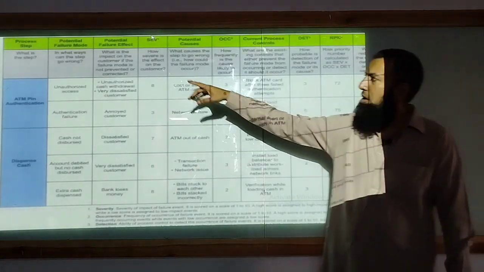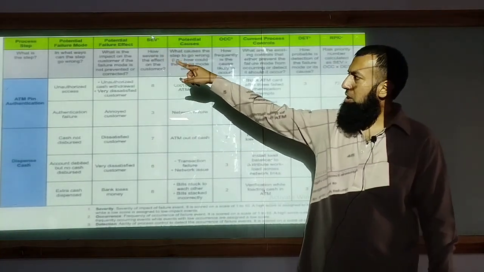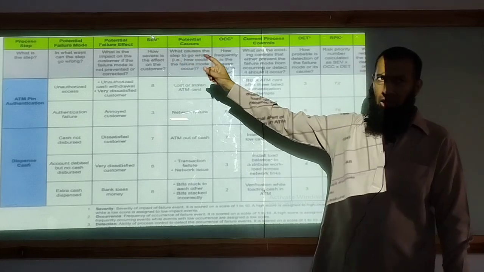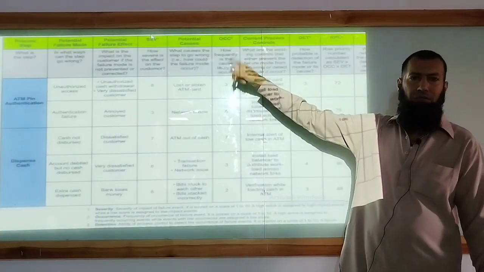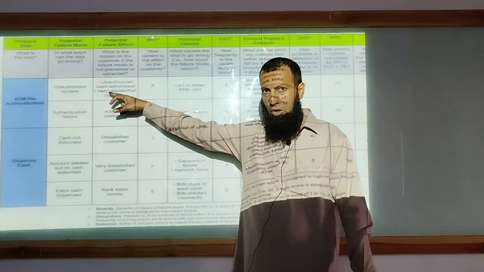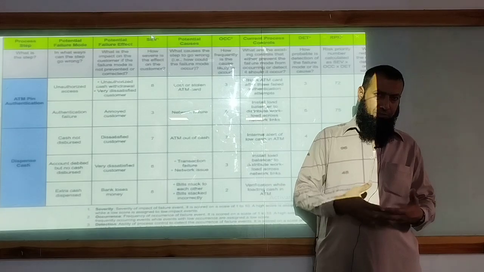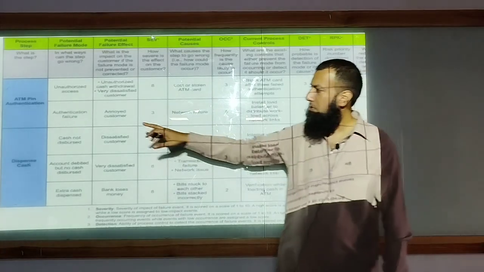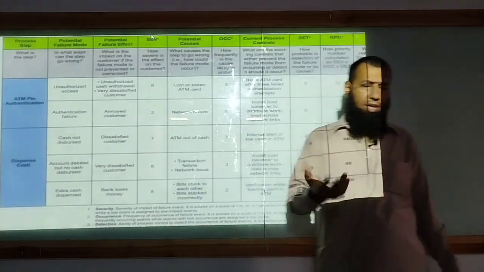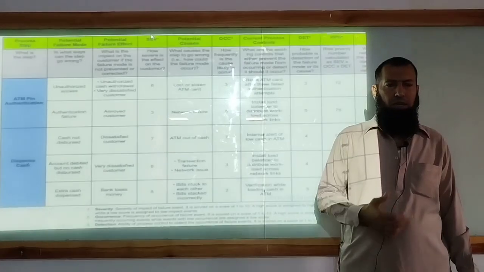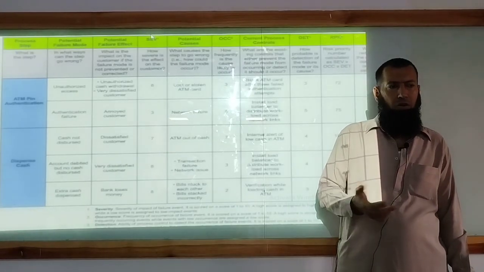Okay? So first you need to mention potential failure mode, the possibility of the failure. First possibility is unauthorized access, someone who does not have the credentials but has the card. Second is the authentication failure because of some reason. You may forget your password or there's some confusion.